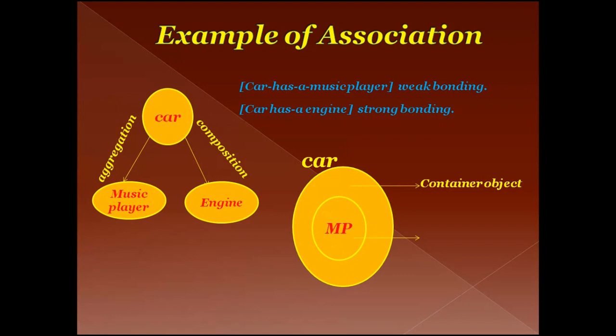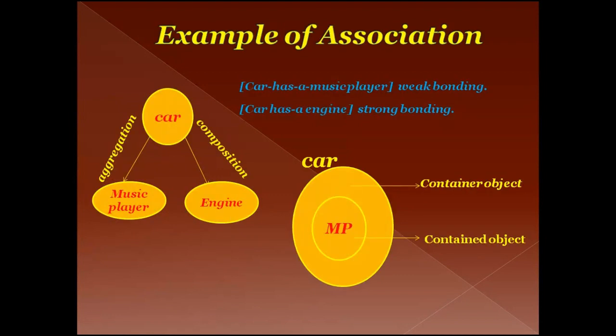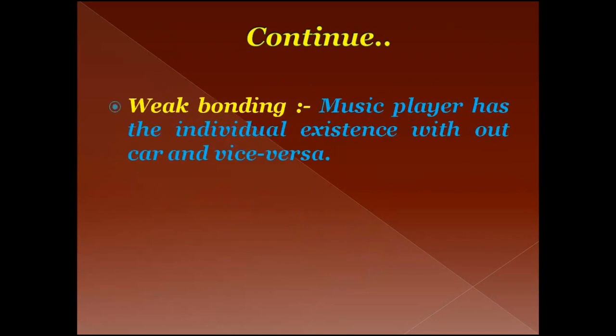One is the container object, one is the content object. Car has a music player: the car is the container object, and the music player is the content object. What is the meaning of weak bonding? Weak bonding means the music player has an individual existence without the car, and similarly the car has an individual existence without the music player.